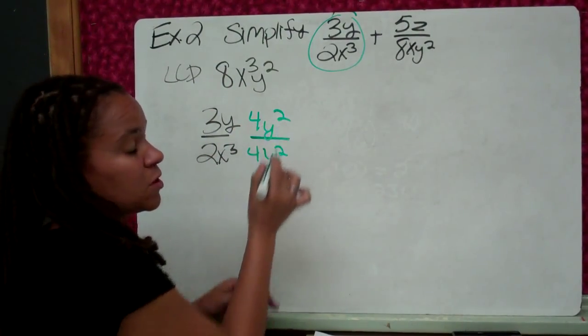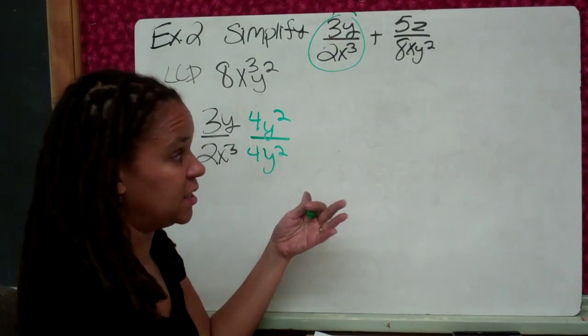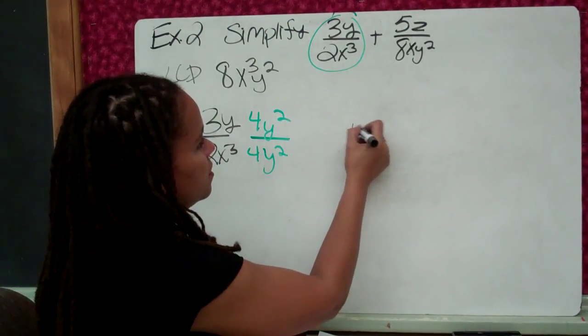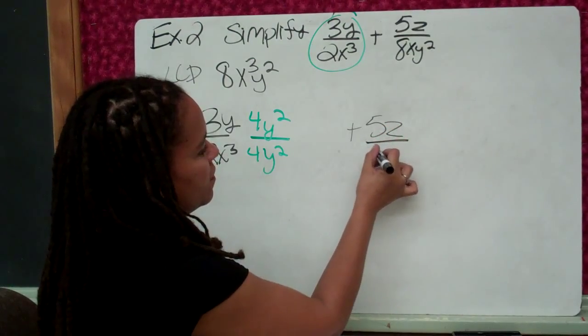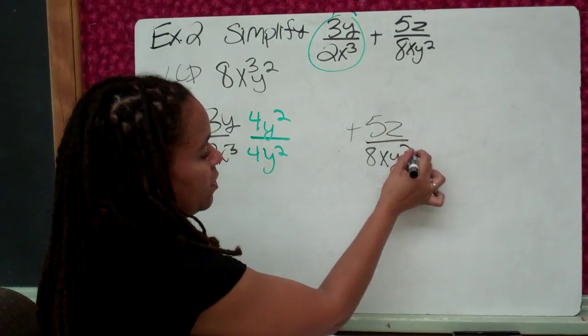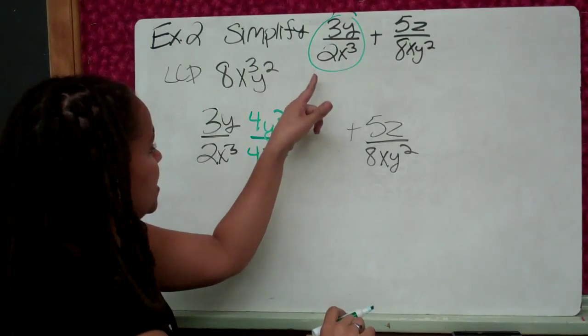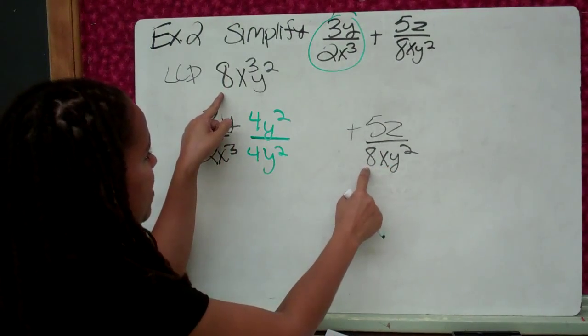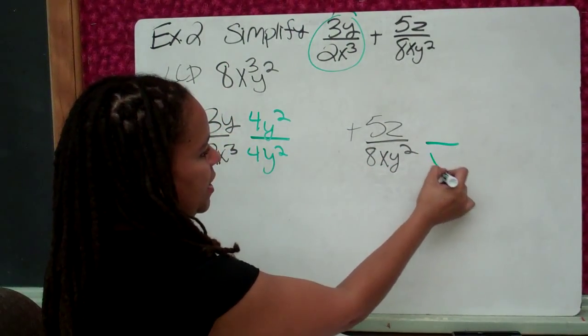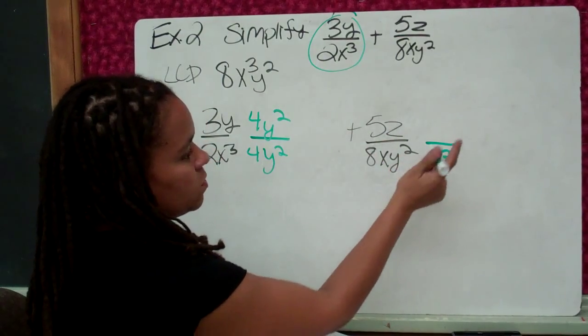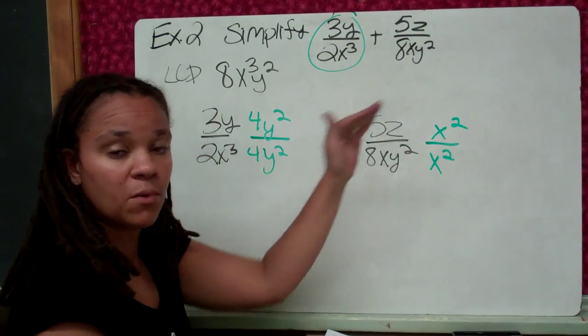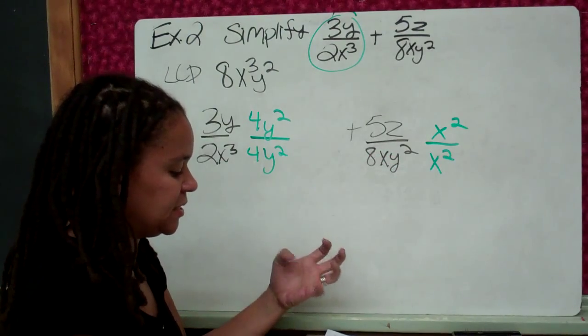So that's what I'm going to multiply the top and the bottom by, what's missing. Then plus 5z over 8xy squared. What's missing? For my LCD, I have my 8, I have x, but I'm missing x squared, and I have the y squared. So all I'm missing is x squared. Multiply the top and the bottom by what you're missing.